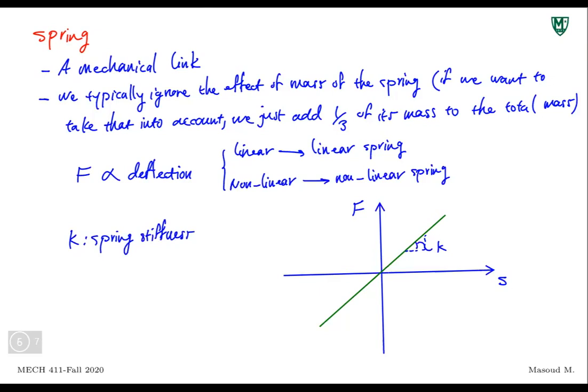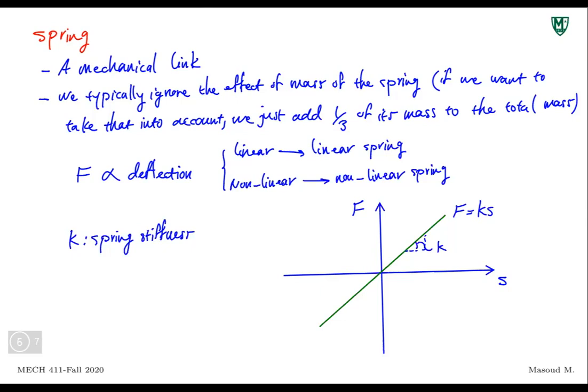These are not new concepts. Hopefully you've seen this in dynamics and before. So we can say F is equal to KS. Depending on how strong the spring is, this slope can be higher.